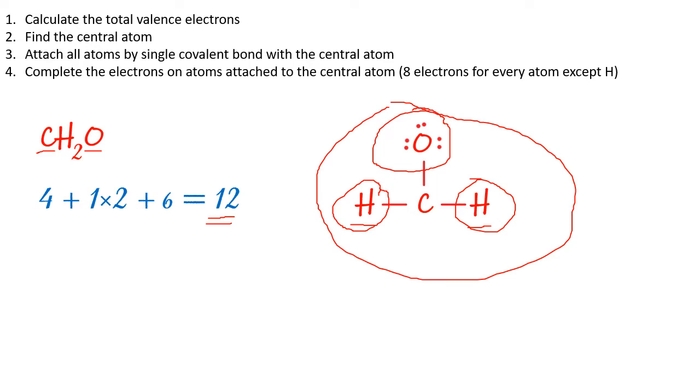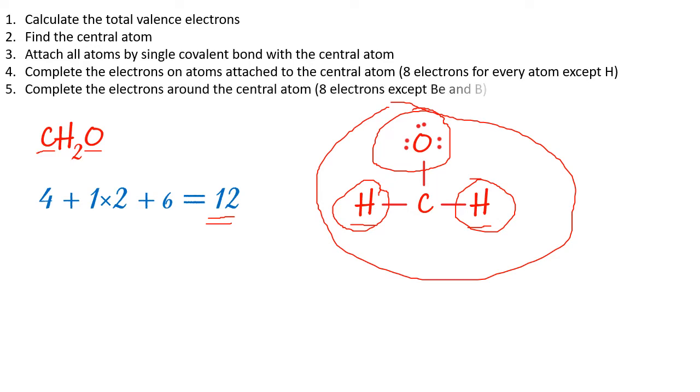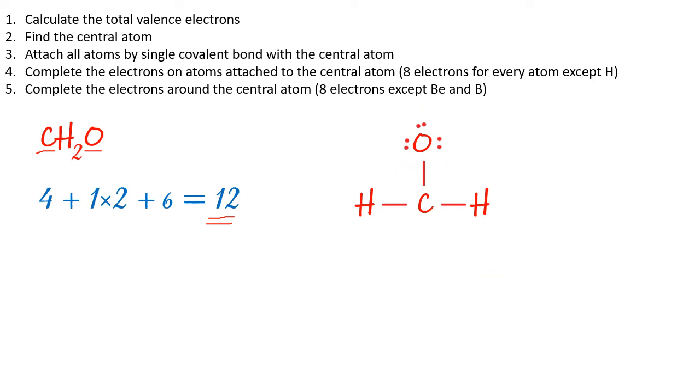Okay, after this, we have to move to step number 5. Complete the electrons around the central atom. Now check the central atom. How many electrons in the central atom? 2 plus 2 and plus 2. Total 6 electrons. It means this central atom, carbon atom, still needs 2 more electrons.